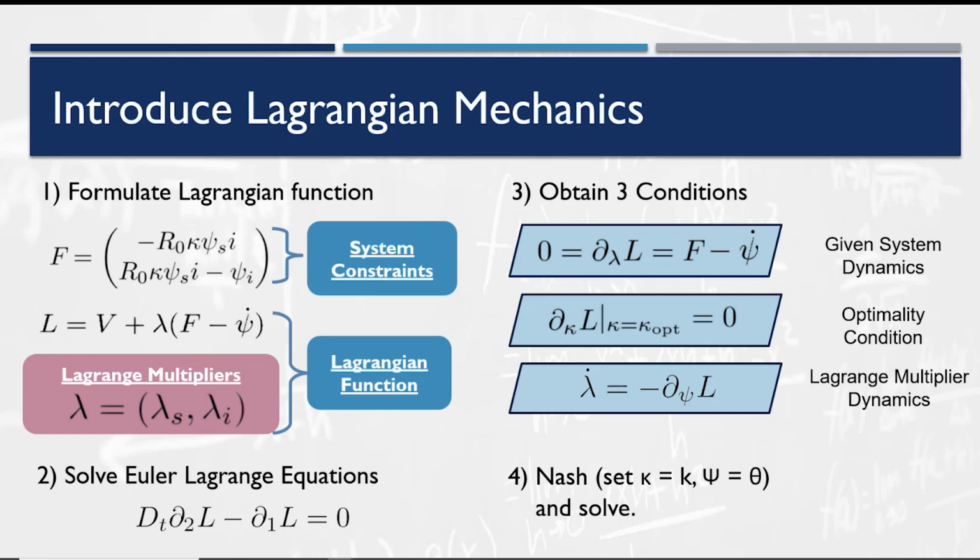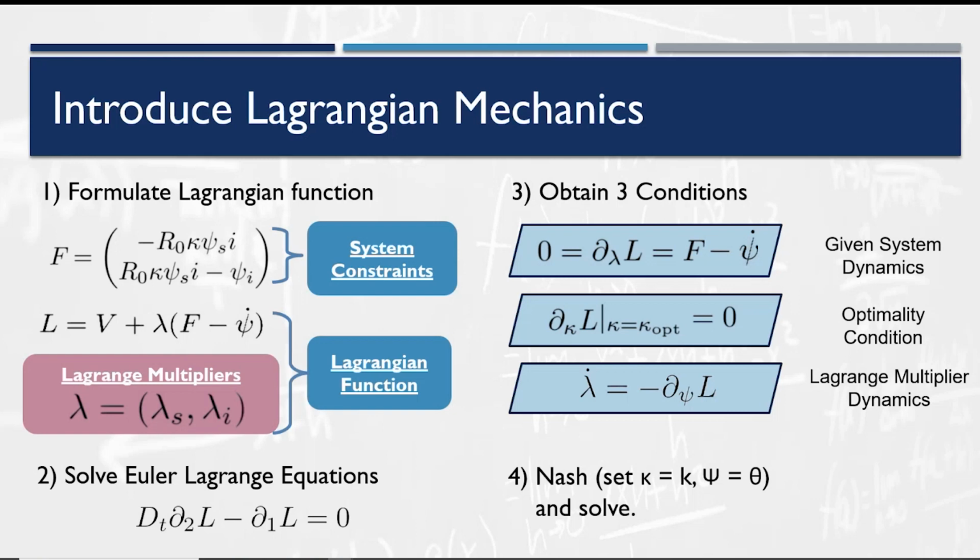What we can do is put our system constraints in some function f, and from that formulate this Lagrangian function L, given by our payoff function v plus lambda times these constraints. This lambda is called the Lagrange multipliers of the system.